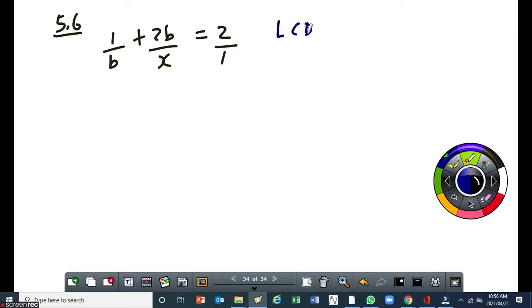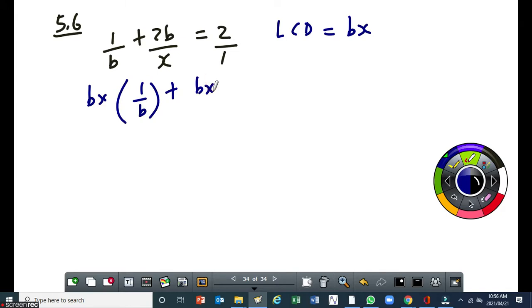So our LCD here is going to be equal to bx. I find the LCD first, because that way it will allow me to eliminate the denominators. Once I find my LCD, then I multiply each term by the LCD.